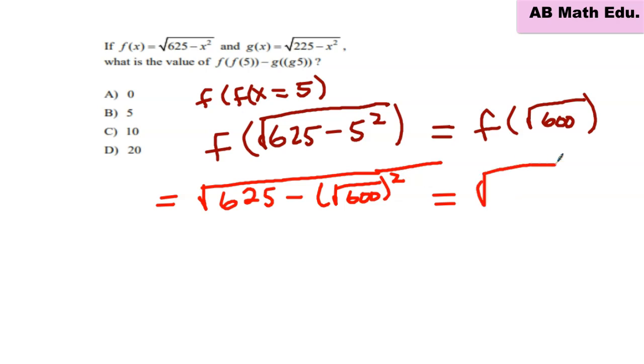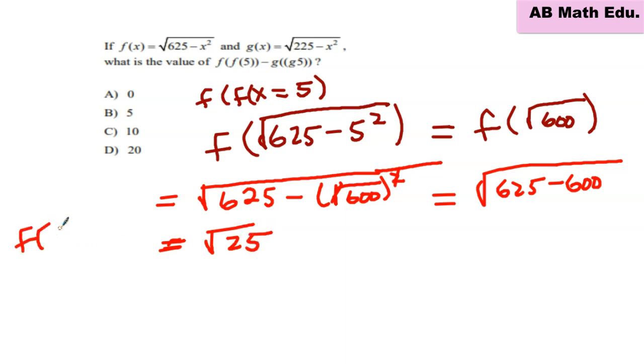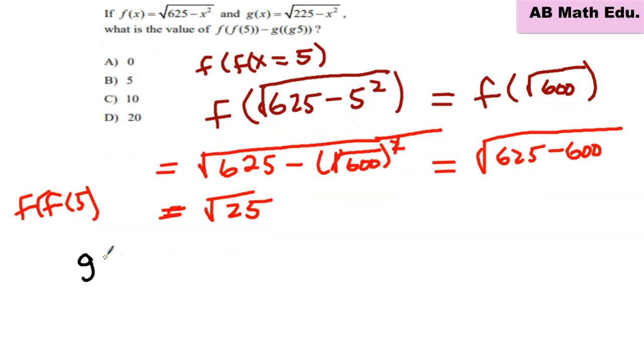That will be 625 minus 600. Because this will just get rid of that, and that's going to be root of 25. So here it's going to be root 25. So for the f of 5, we got this.